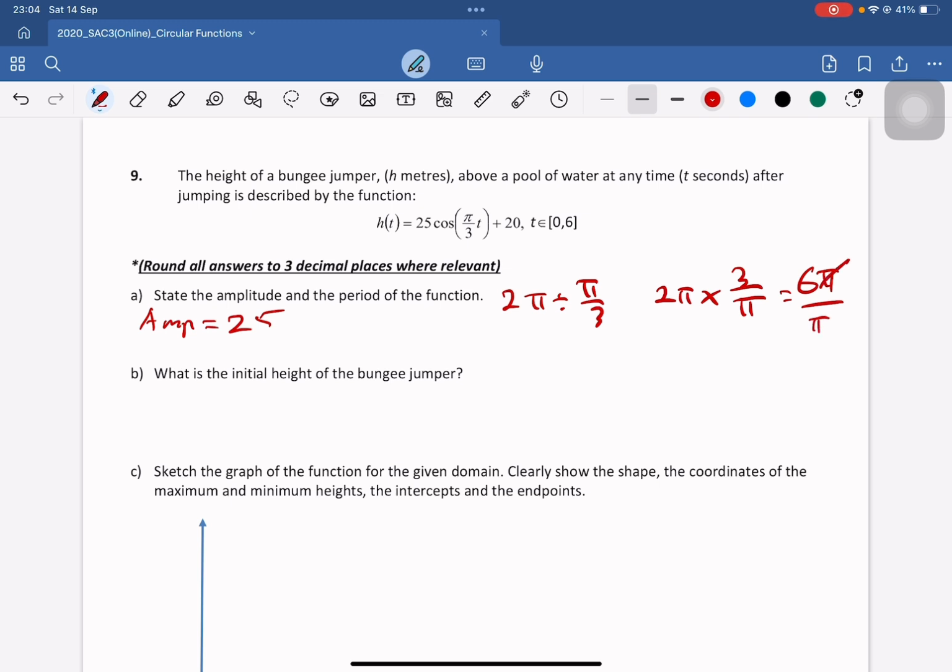And so the pi's cancel out and it equals just 6. Period equals 6.